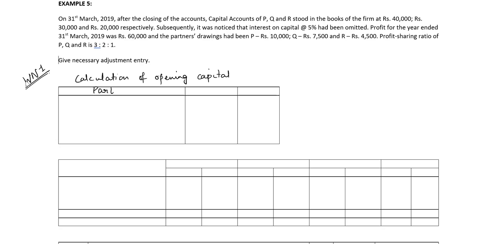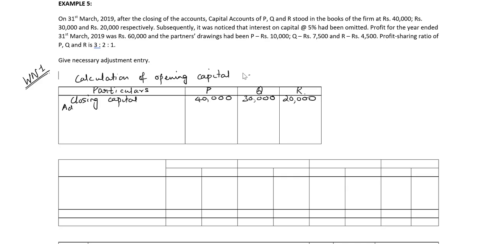Particulars: P, Q and R. We'll begin with the closing capitals. Closing capital. For P it's 40,000 rupees. For Q it's 30,000 and for R 20,000 rupees.